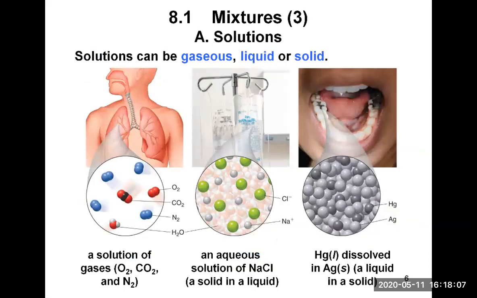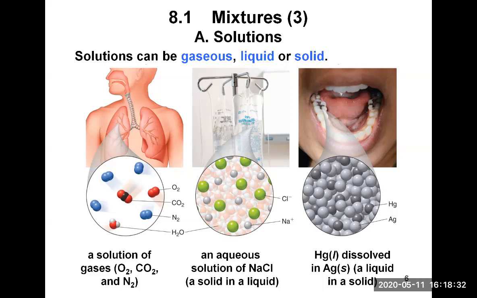So as I said, solutions can be gaseous, liquid, or solid. And a typical gaseous solution, for example, is the air that surrounds us. The air is mainly nitrogen and oxygen. And then there are smaller quantities of other gases like carbon dioxide and water.